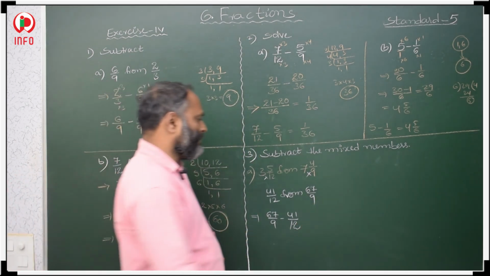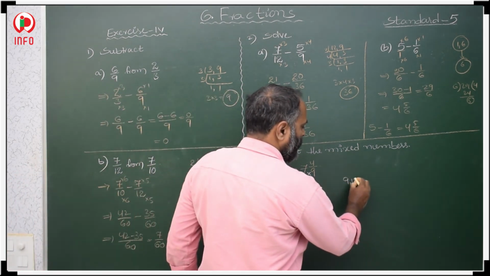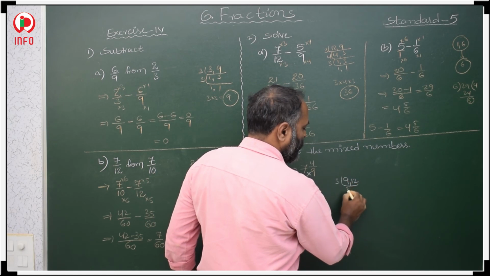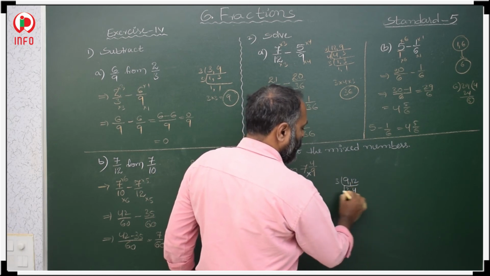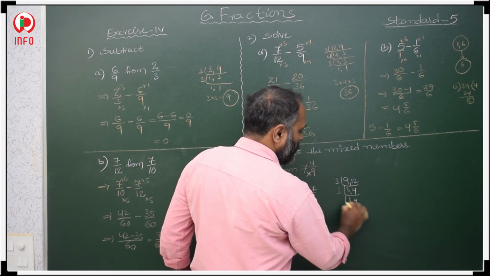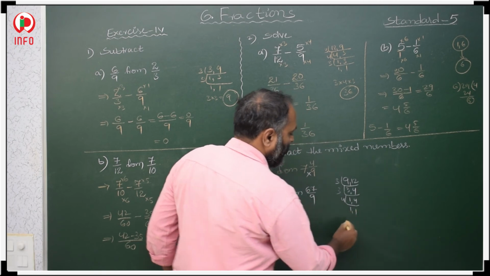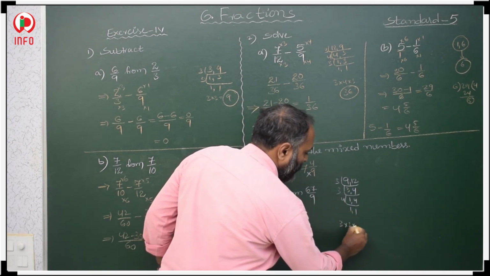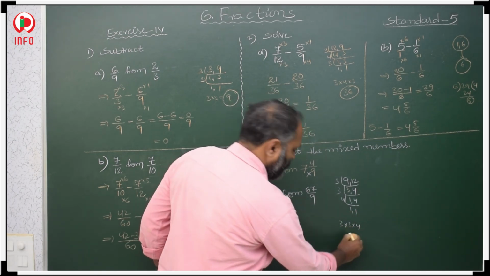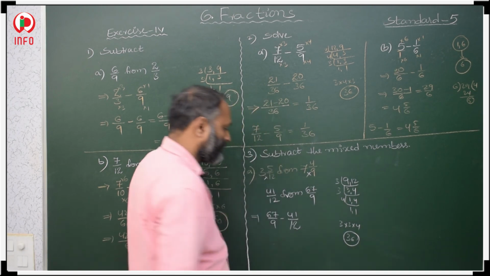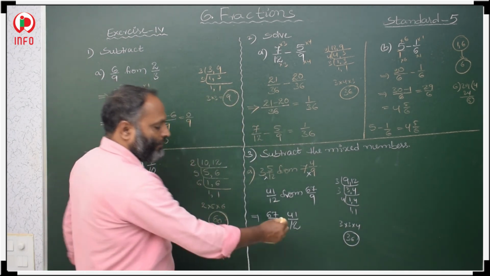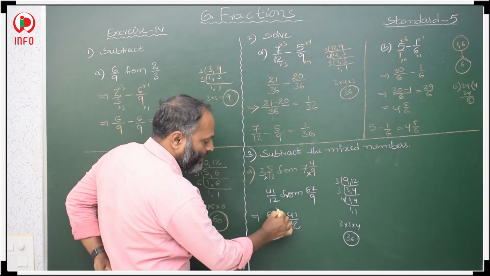Then find the LCM. 9 and 12 LCM we have to take. 3 table. 3 3s are 9, 3 4s are 12. Again with 3, 4 as it is. 3 into 3 into 4. 3 3s are 9, 9 4s are 36. In the 9 table, when will you get 36? 4s are 36, multiply with 4.